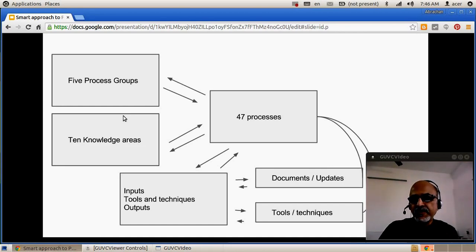Enough people have spoken about the top down approach, so now I want to take the bottom up. I'll introduce you to this set of artifacts and a set of tools and techniques. Then we'll work upwards to the 47 processes, to the 10 knowledge areas, and to the 5 process groups.